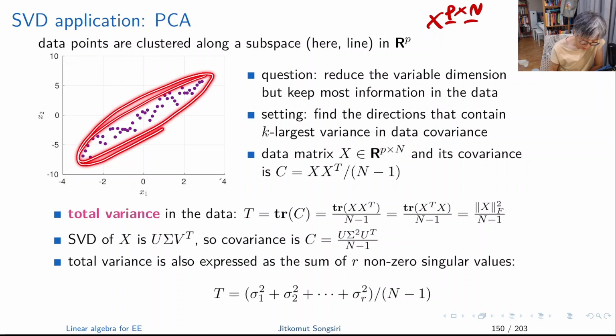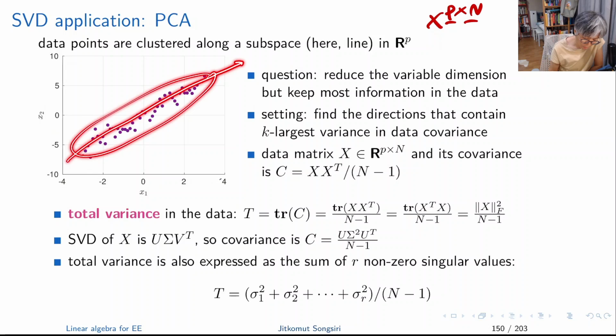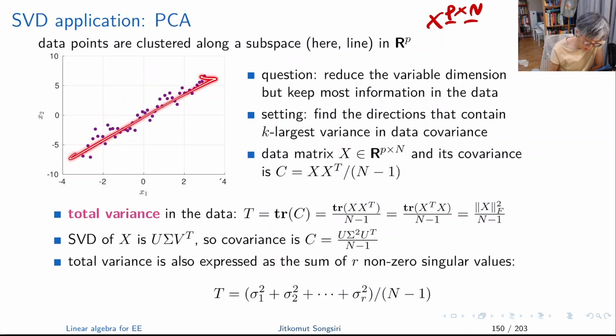If you rotate or change the coordinates to this direction, the data seems to have the most diversity along this dimension. Along this dimension the data has the highest variance. So in the context of learning a model from the data, you want your data to be informative, which means you want the data to have higher variance.